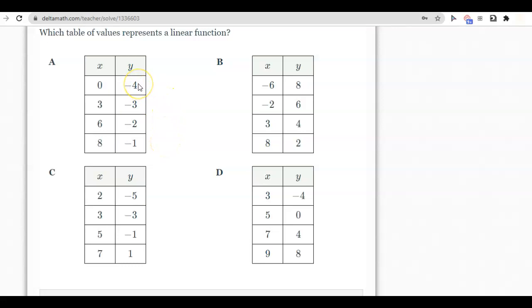So here, to go from -4 to -3 is +1 while going +3. So the change in y is +1, the change in x is +3. That's a slope of 1/3. To move from this point to this point, that's a slope of 1/3. +1 divided by +3. So it's looking good.